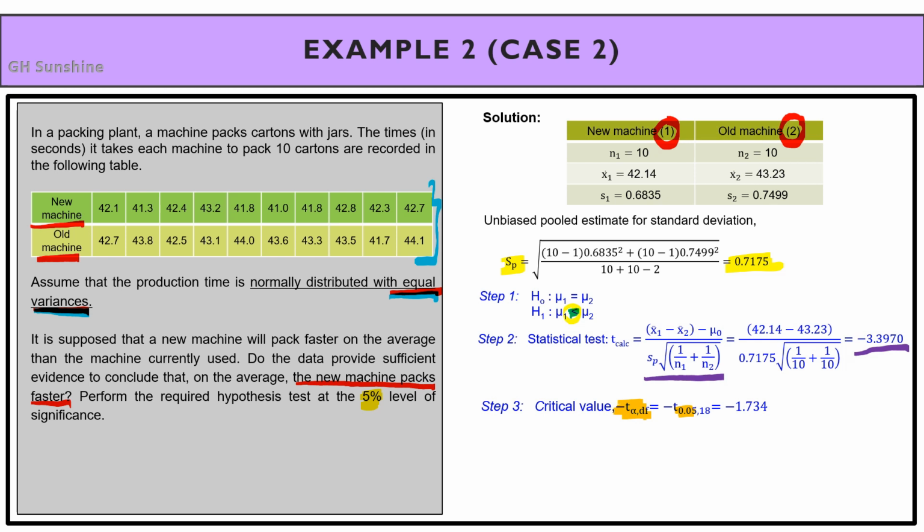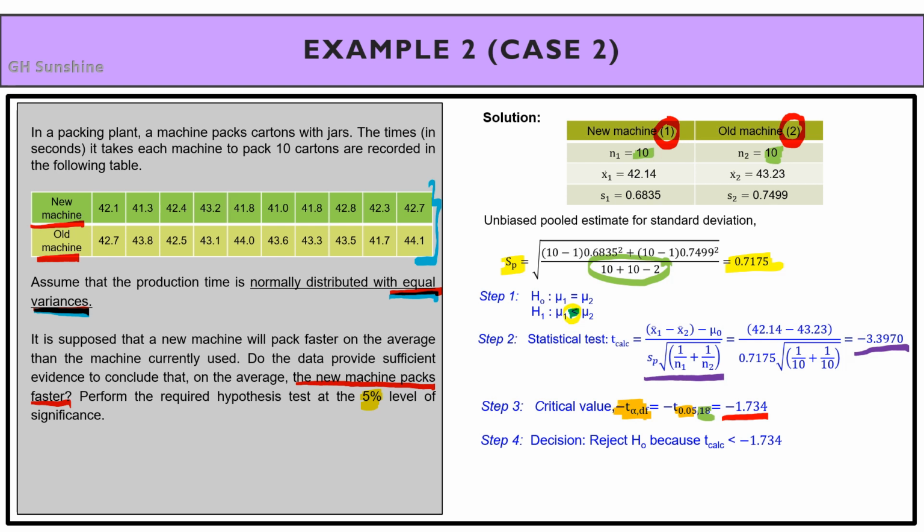Next, degree of freedom. So degree of freedom, n1 plus n2 minus 2 here. That's why degree of freedom equal to 18. So the critical value equal to negative 1.734 from the T table. What is the decision?